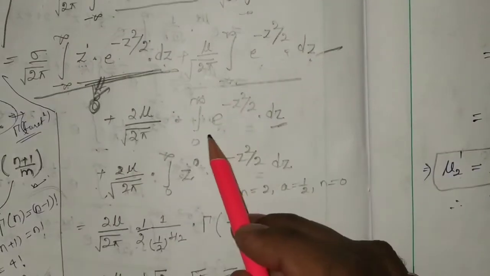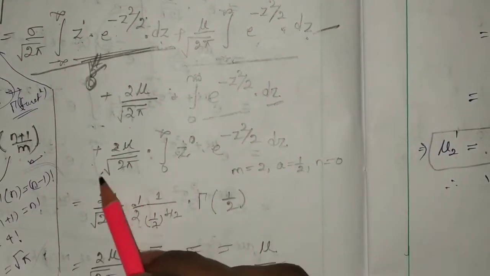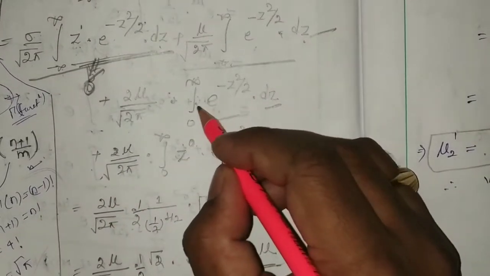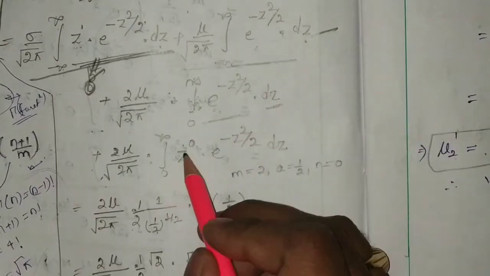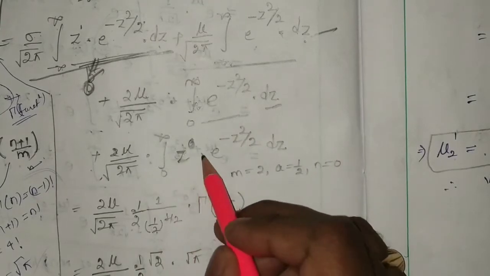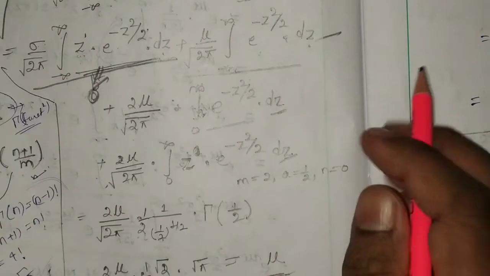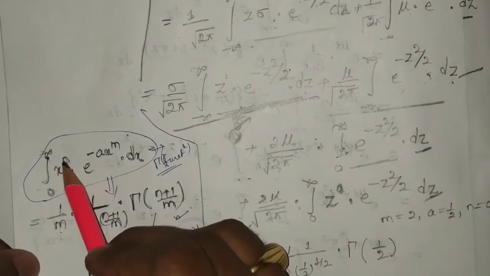So this integration can be written in the form of 2 mu by root 2 pi, 0 to infinity, and I can write 1 here, 1 into e to the minus z square by 2. So 1 can be written in the form of z to the power 0. Yes or no? So z to the power 0 into e to the power minus z square by 2 into dz. Okay, so you just compare: x to the power whatever is considered as n.